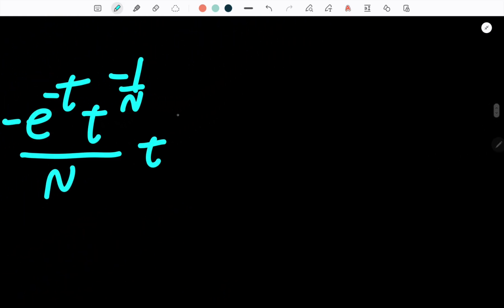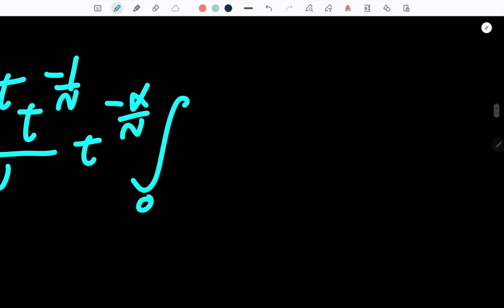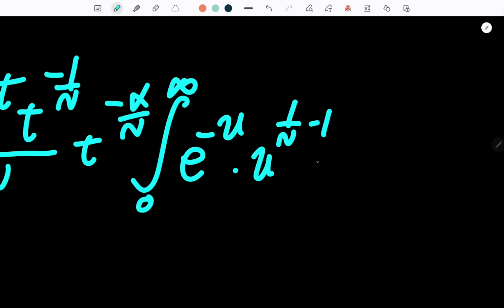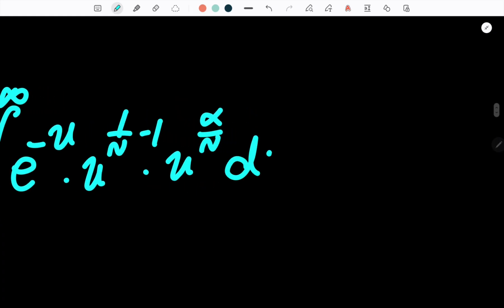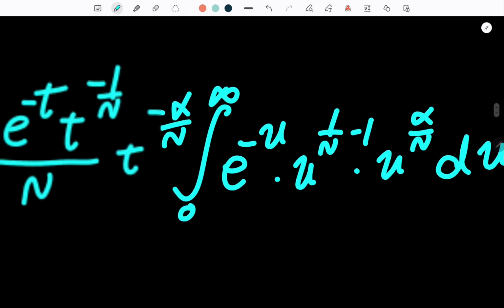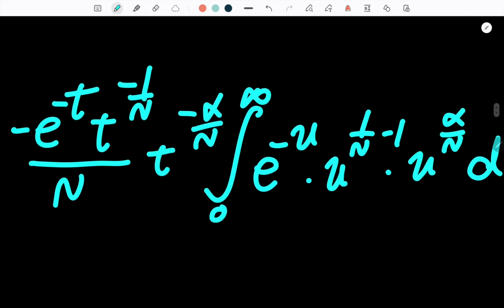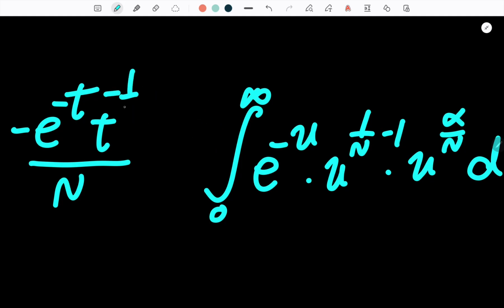So we'll have another t to the negative alpha over n times the integral from 0 to infinity of e to the negative u times u to the 1 over n minus 1 times u to the alpha over n. Now this term comes from the x to the alpha term. And then du, of course. All right. Now let's combine these exponents right here. So we'll have a negative 1 over n times 1 plus alpha.